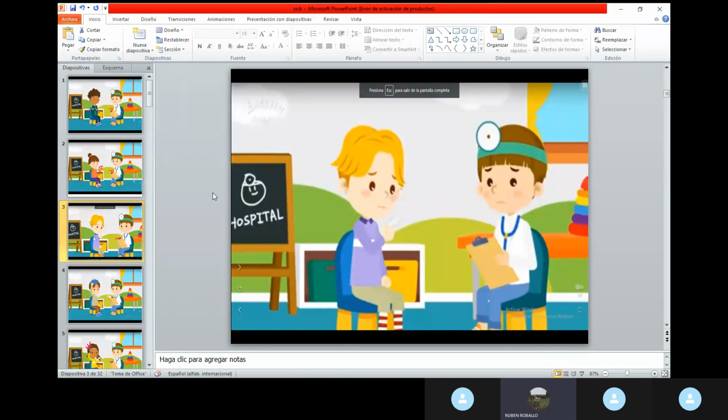Finger is dedo. Yes, but what happened with his finger? What's the matter with his finger? Finger pain.